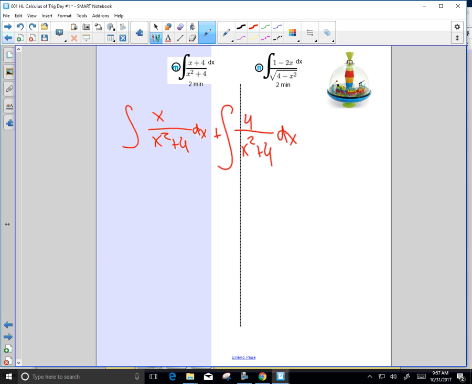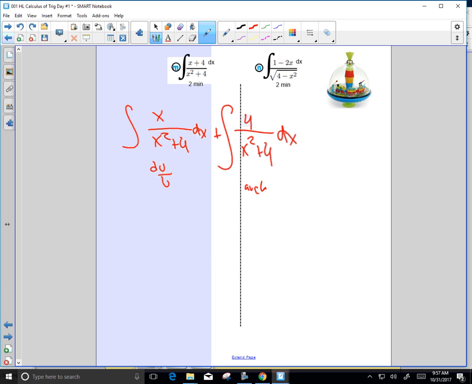These are great reviews, because this one, are you going to use the natural log of du over u, or are you going to use arctangent for this one? Natural log, right? Because you're going to do a du over u for this one. What are you going to use for this one?